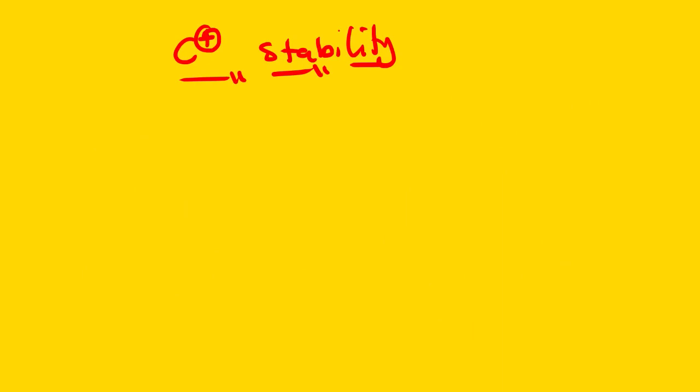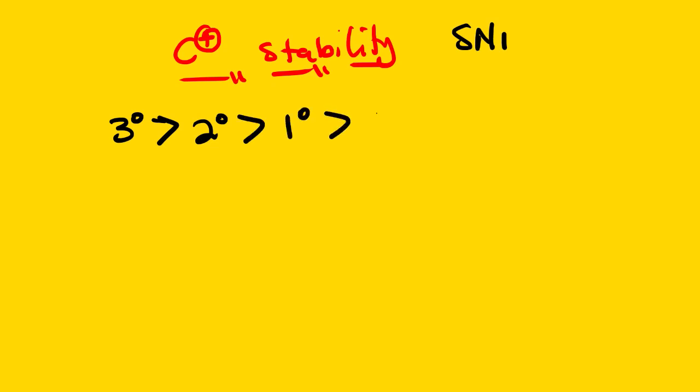In the first lesson video on SN1 nucleophilic substitution, I did mention that the most stable substrate for SN1 is the tertiary, followed by the secondary, the primary, and the methyl. You should know that the tertiary works best with SN1 mechanism, whilst the tertiary doesn't work well with the SN2 mechanism because of the steric hindrance of tertiary alkyl halides.